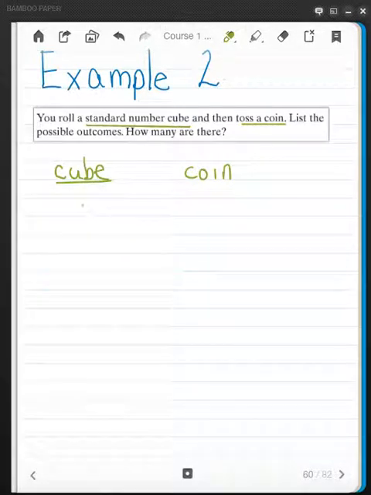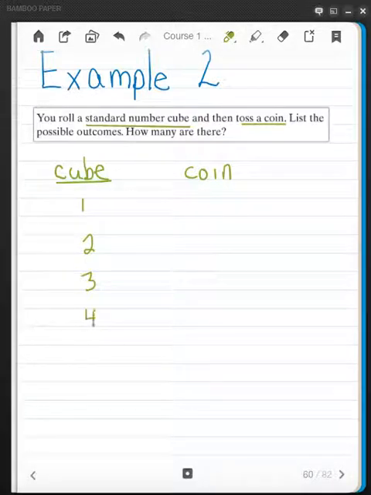So my possible outcomes for my cube are a 1, a 2, a 3, a 4, a 5, or a 6. If I roll that dice or toss that number cube, that's all I'm going to get.